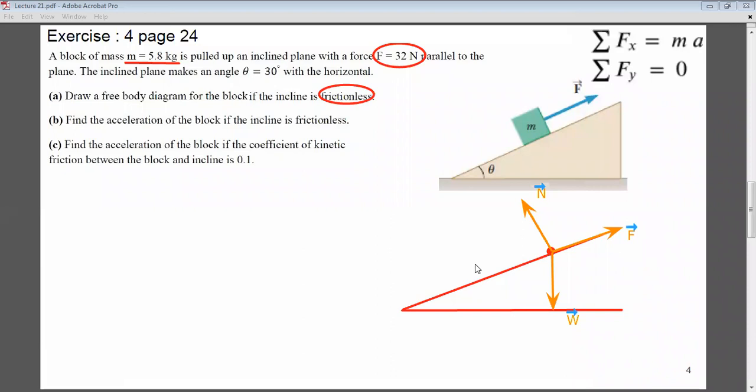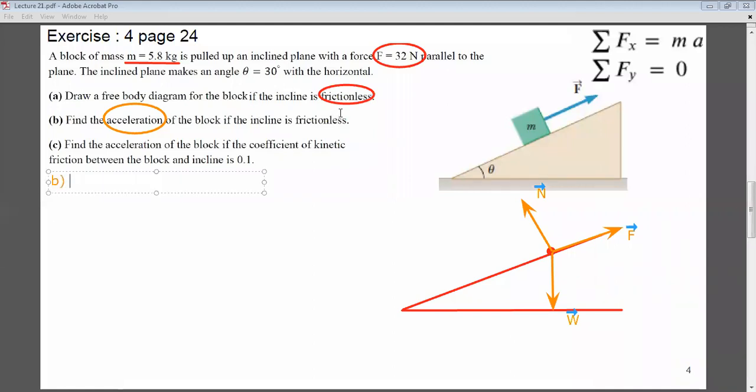Now part B, find the acceleration of the block if the incline is frictionless. Okay, in order to get the acceleration, I have to apply one of the two Newton's second law equations. Which one of the two equations has acceleration in it? The first one or the second one? The first one.